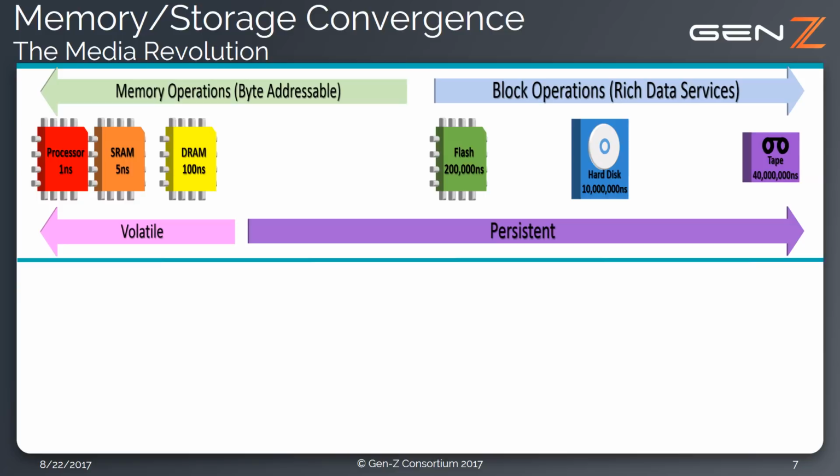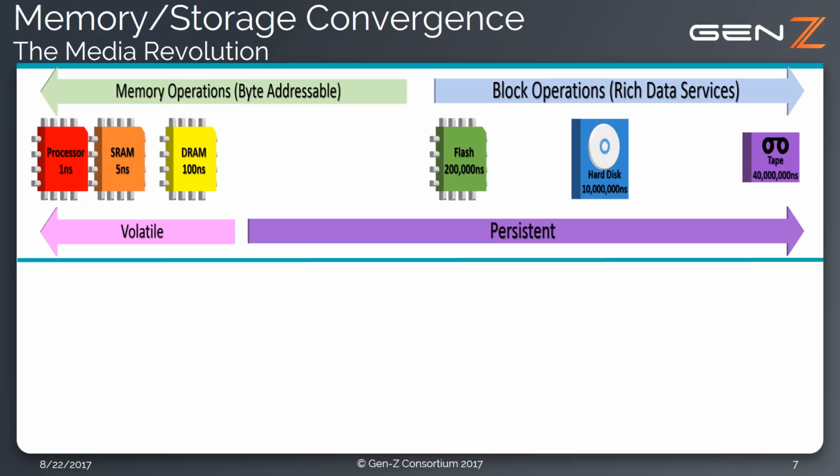All of these memory types are byte addressable and volatile. That is, any data stored there will be lost with unexpected power cycles, system errors, system shutdown, etc. On the right-hand side of the chart, there are the persistent memory technologies that are accessed as blocks of data, and they typically have much higher capacity and higher latencies than volatile memory types.